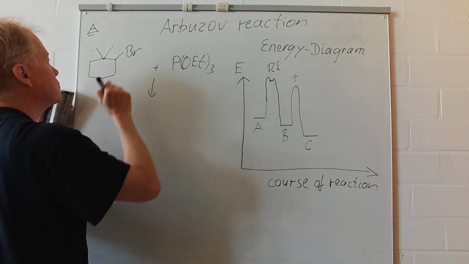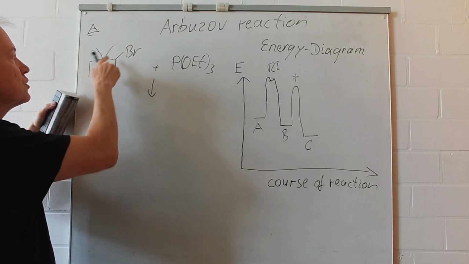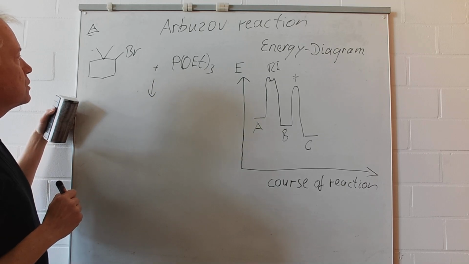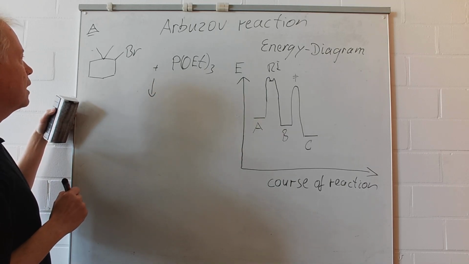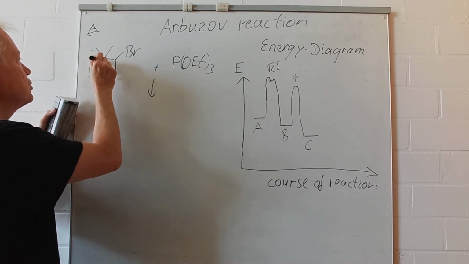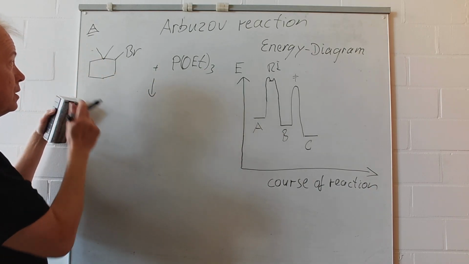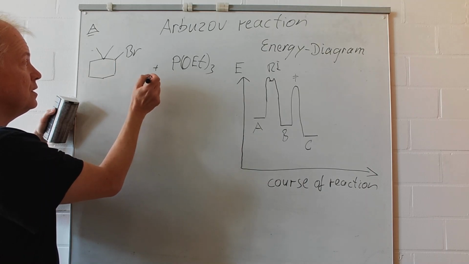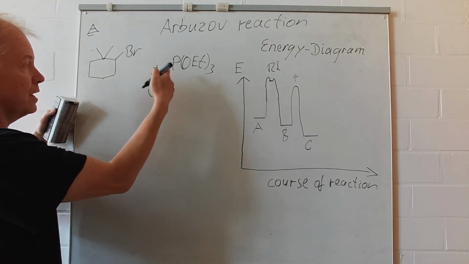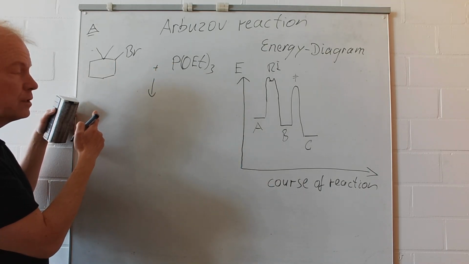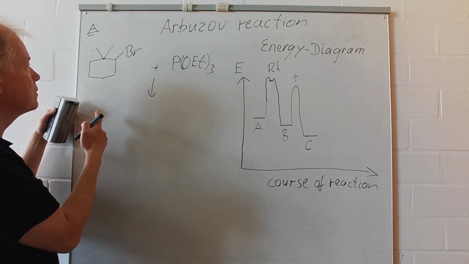Now we have the bromide sitting at a secondary carbon and a quaternary center in alpha position. Again, the attack of the triethyl phosphite is sterically hindered.